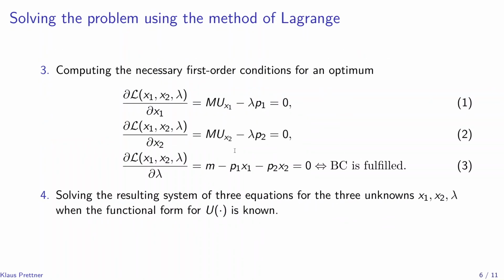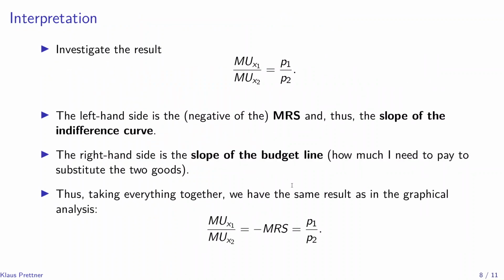So 1 and 2, and we see that we can bring lambda p1 and lambda p2 to the right hand side. So then we would have the marginal utility of x1 would be equal to lambda times p1, and the marginal utility of x2 would be equal to lambda times p2. And then we divide the two expressions.